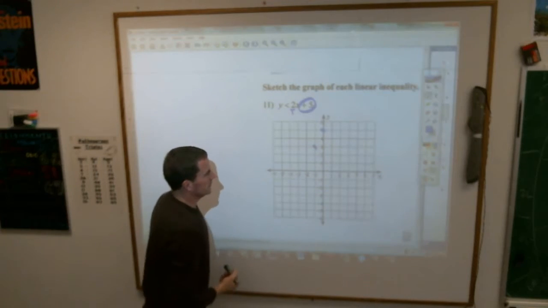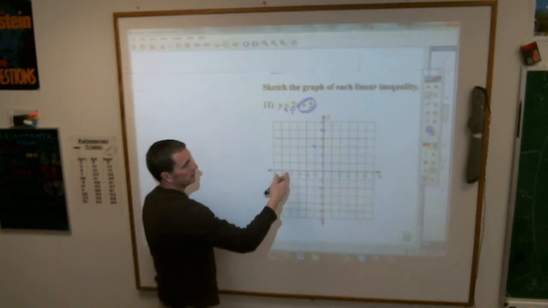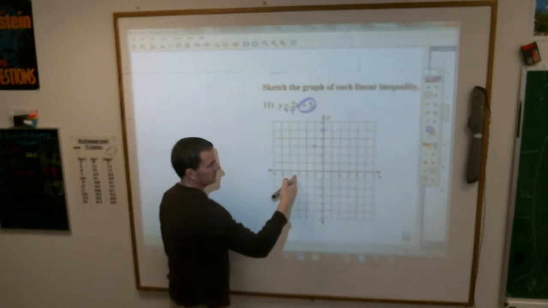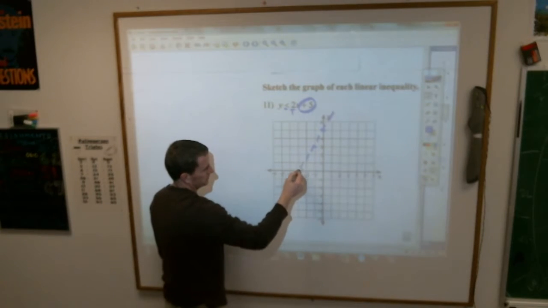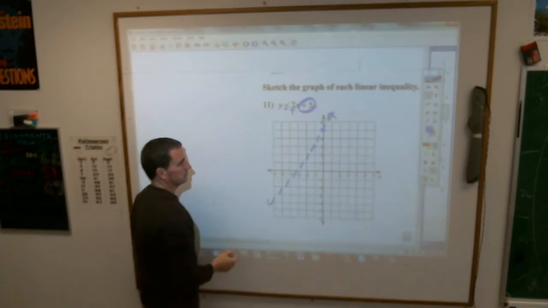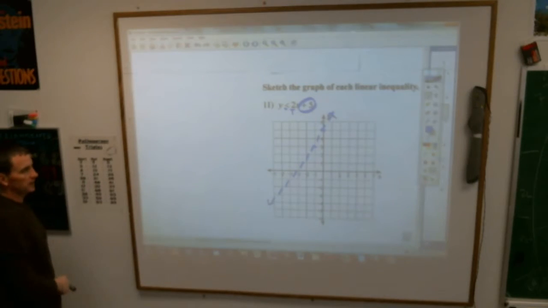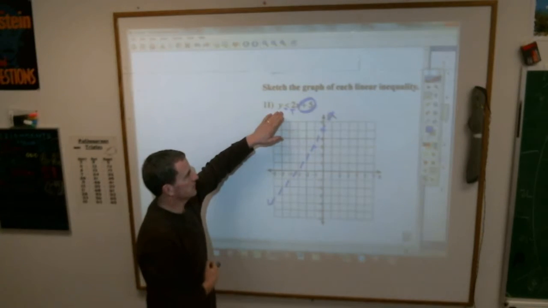Now, here's a couple things to keep in mind. If there's no equal sign under the inequality, you make a dashed line because it starts there but doesn't equal there. So here's my dashed line. It's the same line you did if that was a linear equation written up with an equal sign. And the only hard part some people have a hard time grasping is this.